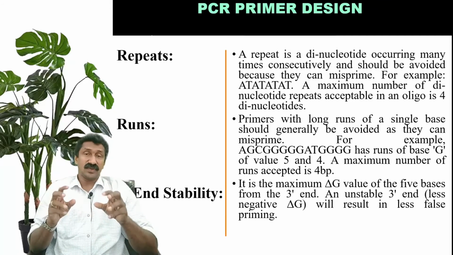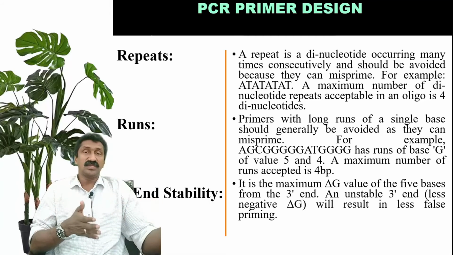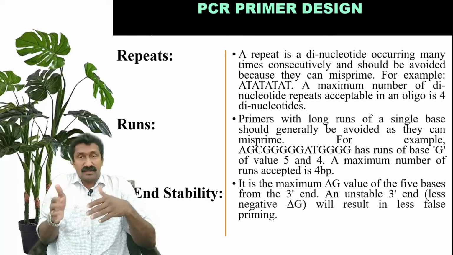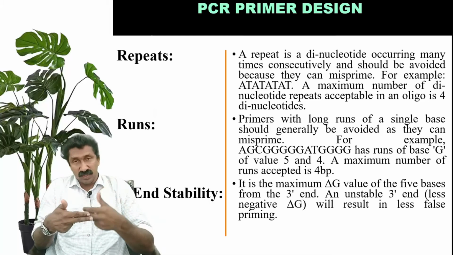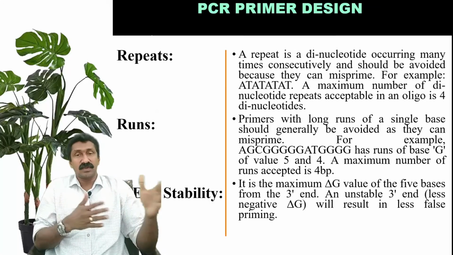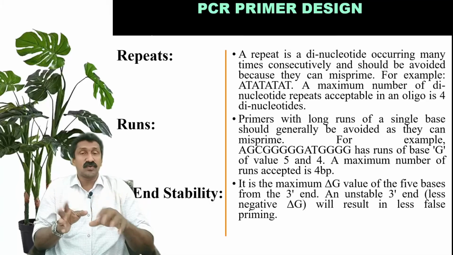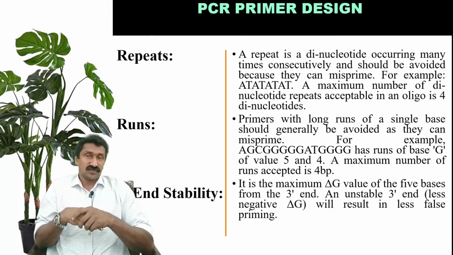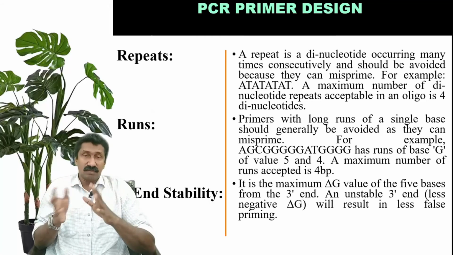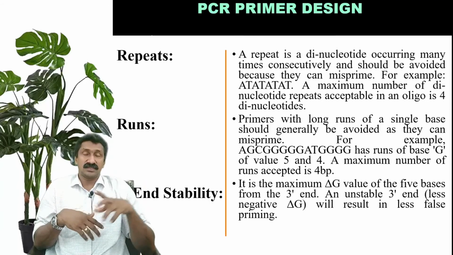If a primer is designed with more such repeating units, the alignment of the primer with the target DNA sequence can be misplaced, and there is a possibility of mispriming with the target sequence, because during template binding, any AT can pair with the AT at the other end.